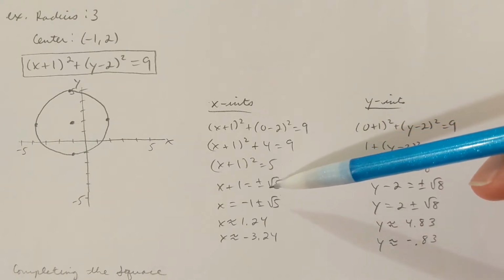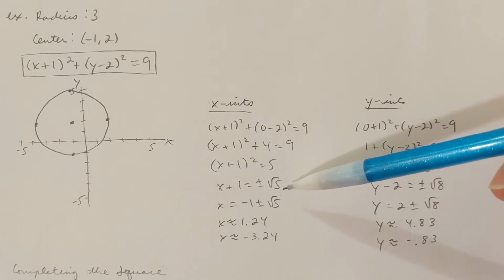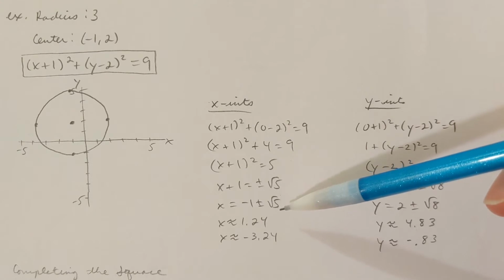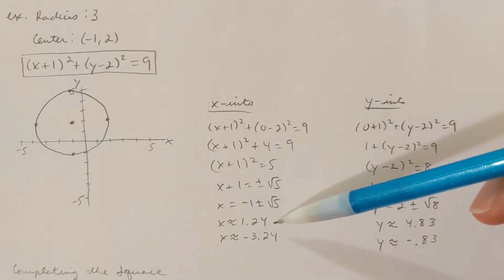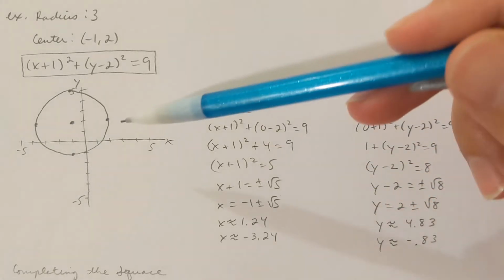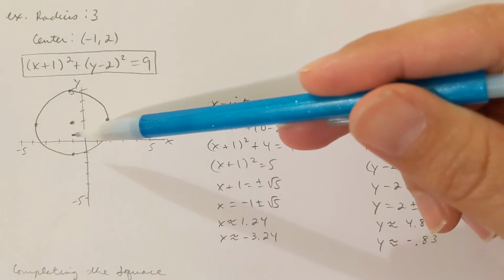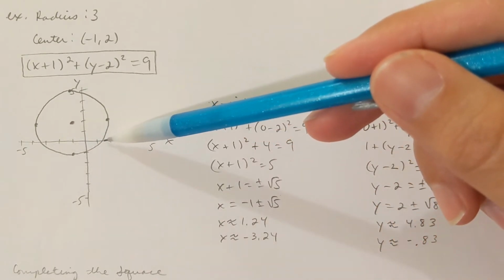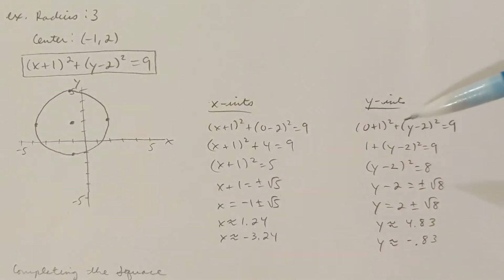Take the square root of both sides. x + 1 equals plus or minus the square root of 5. So x is equal to −1 plus or minus the square root of 5. x is approximately 1.24 or approximately −3.24. So here's approximately −3.24 and approximately 1.24.